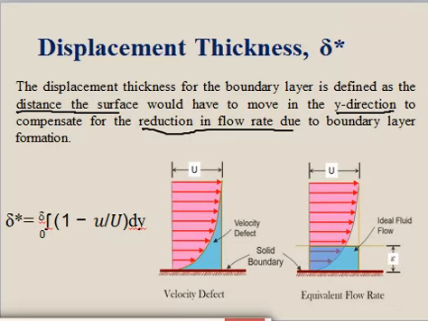This displacement thickness, denoted by del star, is given as the integration from 0 to del of 1 minus small u by capital U into dy, where small u represents the velocity at a given distance y from the surface. After that we are going to see the derivation of this displacement thickness.